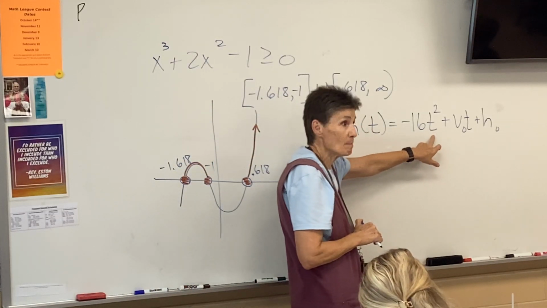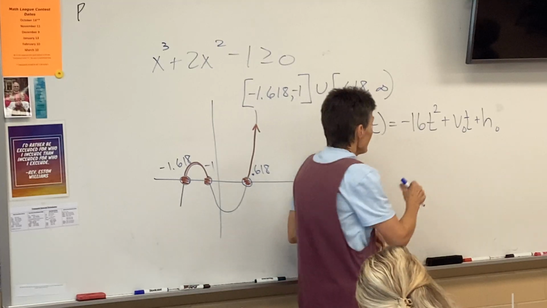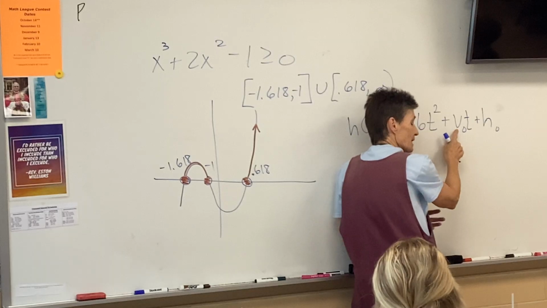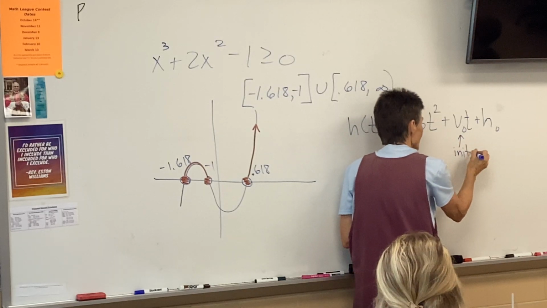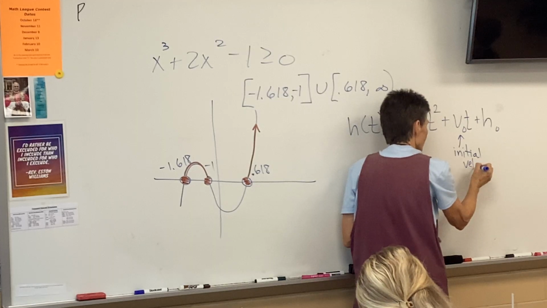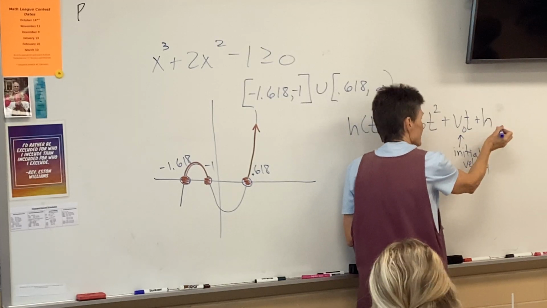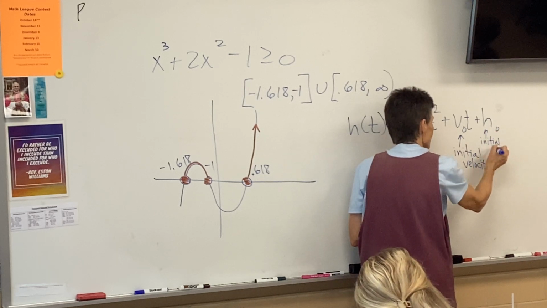T is time in seconds. V sub naught, that's how we read that, V sub naught, is the initial velocity. And H sub naught is the initial height.